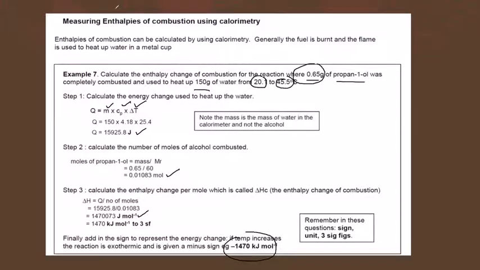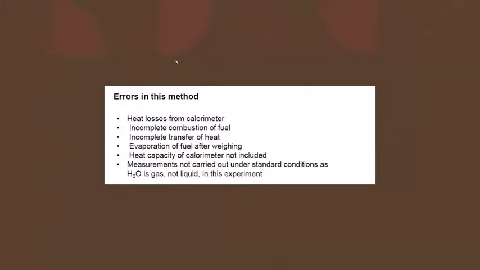Then, what are the errors in this method? What are the things which can lead to a wrong result? Because what is happening, we have a calorimeter which is filled with water, and we have a spirit burner in which we have fuel.